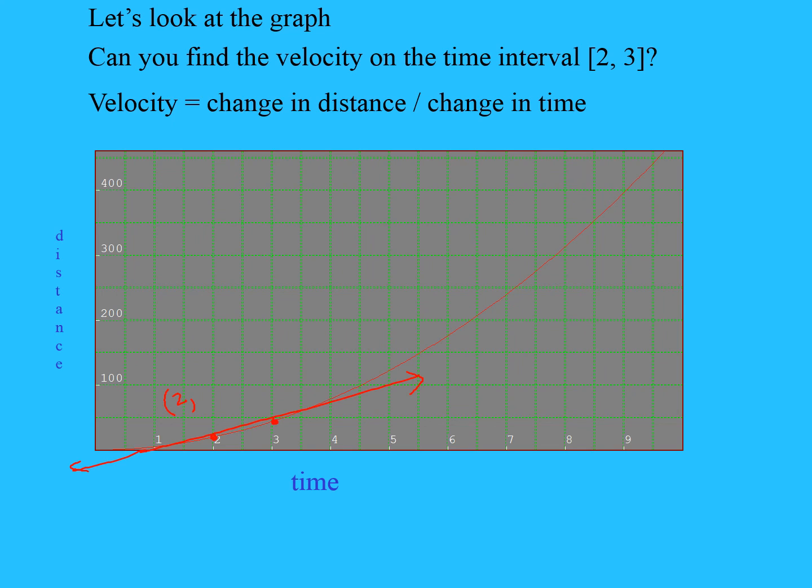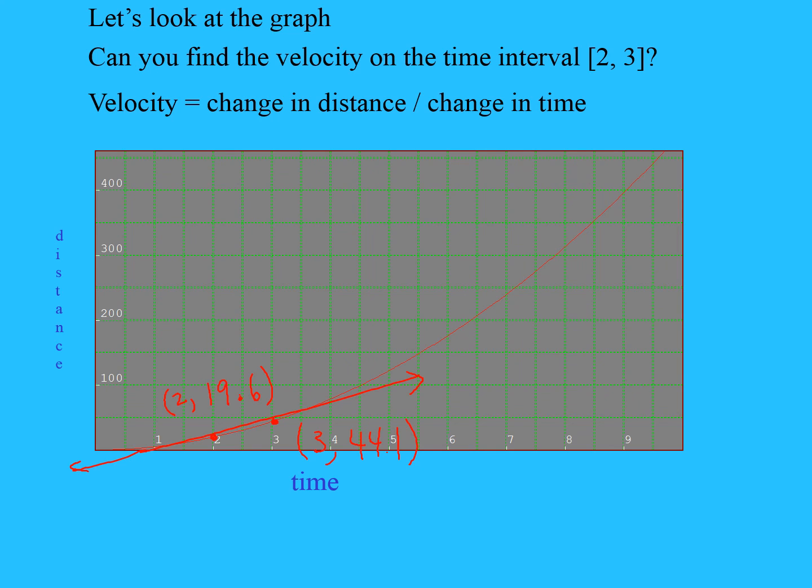So the associated value for distance at time equals 2, we would just use our 4.9 t squared. We would get 19.6.